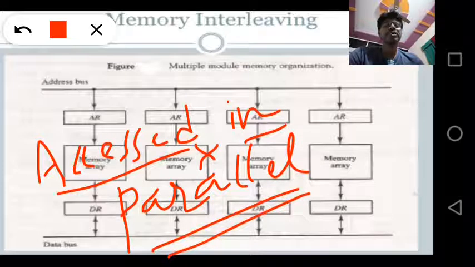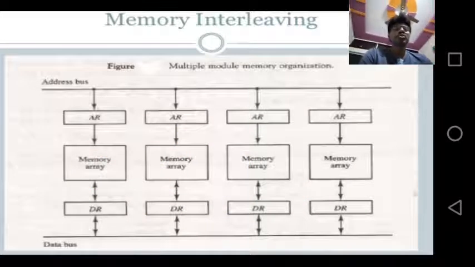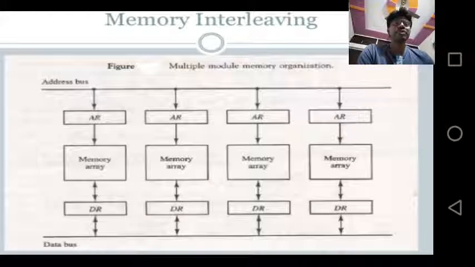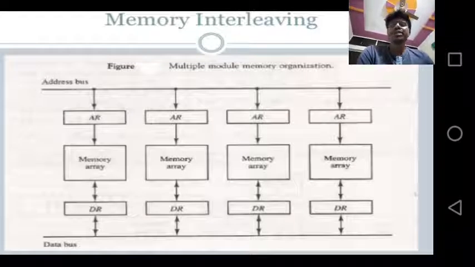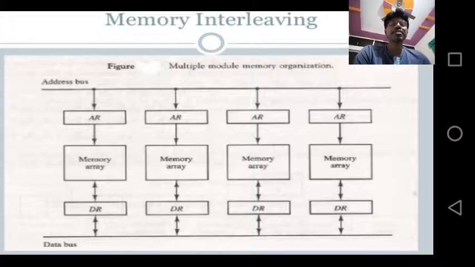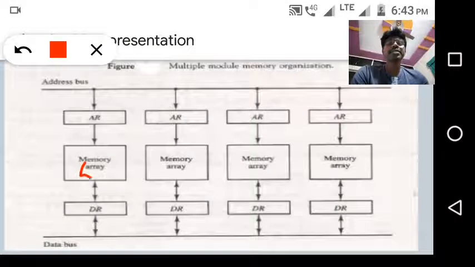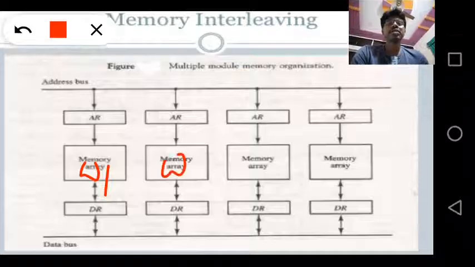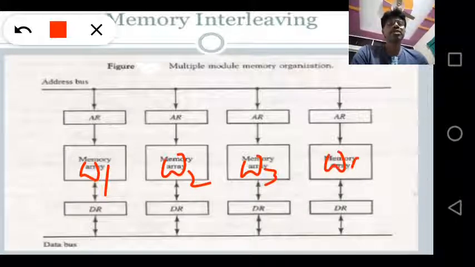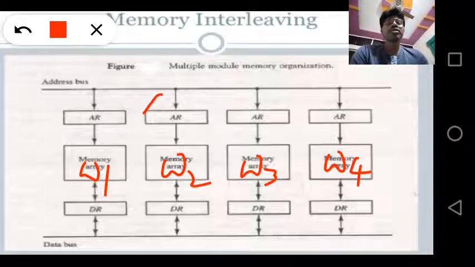So that is the main reason for having it. The advantage behind having memory interleaving is that we should be able to access w1, w2, w3, and w4 at the same time.